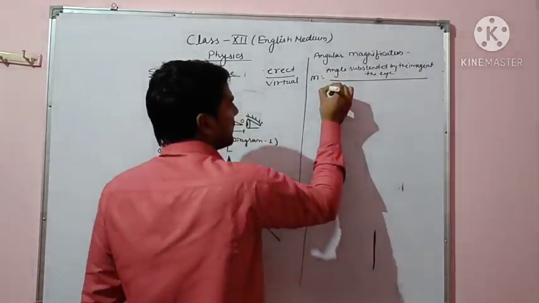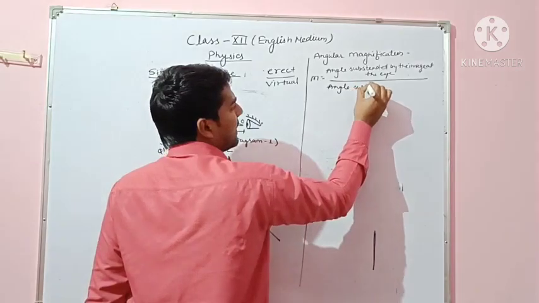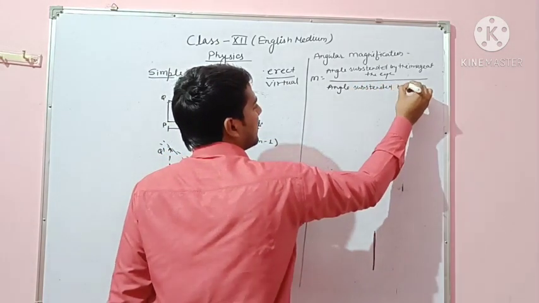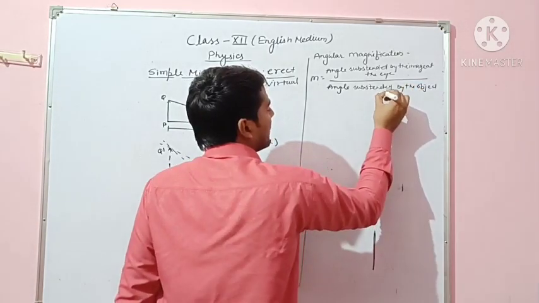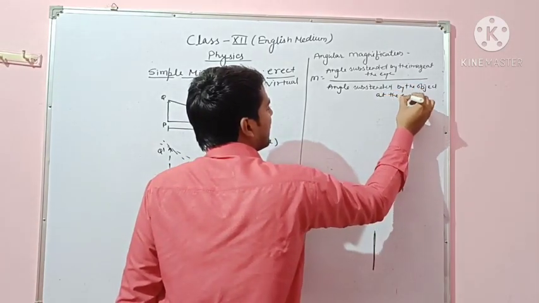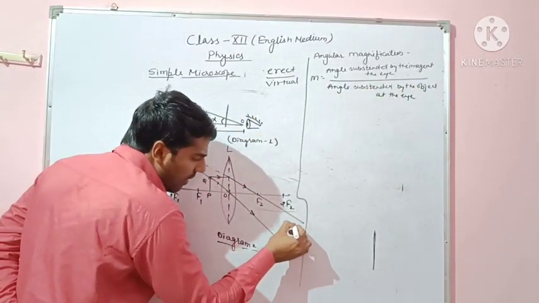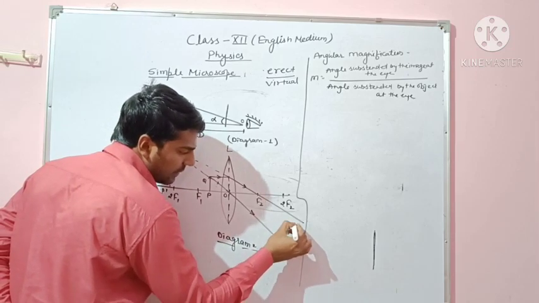upon angle subtended by the object at the eye. We look at the image at this point.